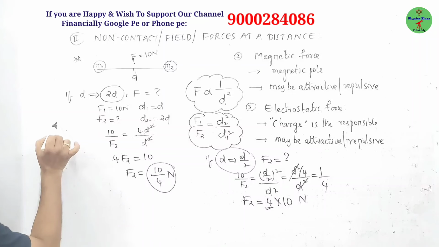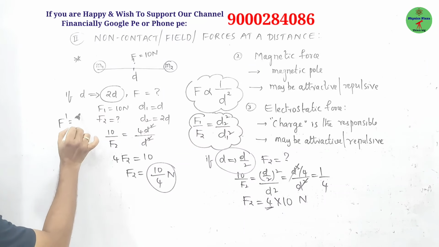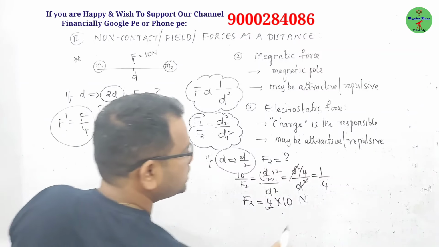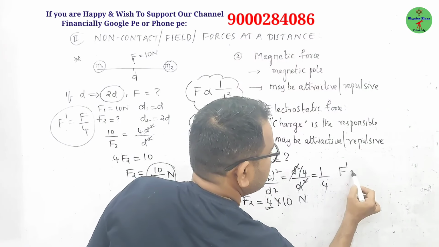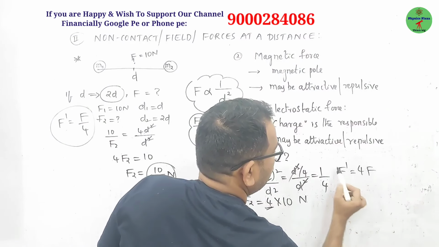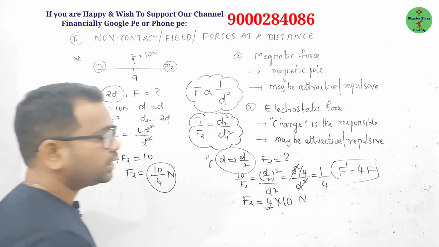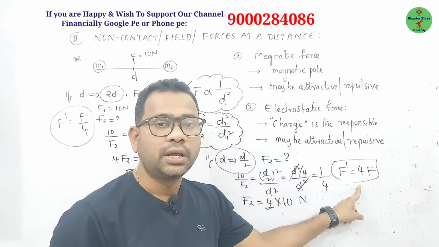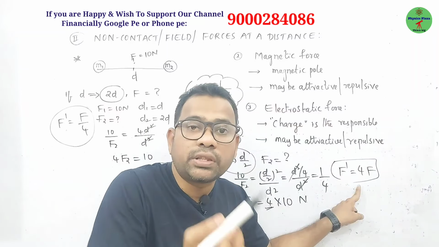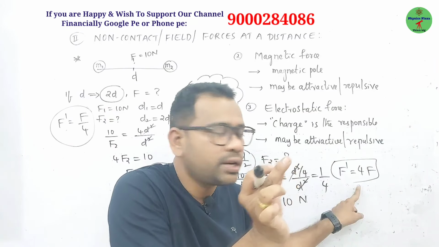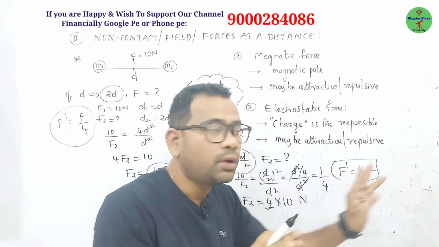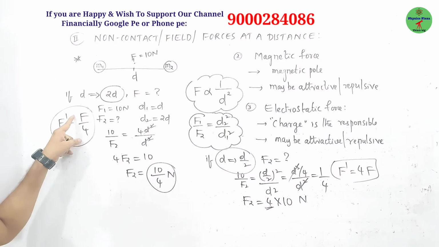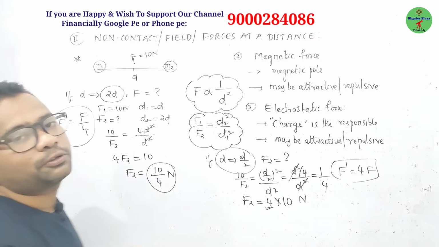In this case the new force F dash is equal to 4 times the initial force. If a 1 mark question is asked in an exam, such as what is the force if the distance is halved, multiply the given initial value by 4 and you will get the answer. Whereas if the distance is doubled, the force will become 1/4 of its initial value.